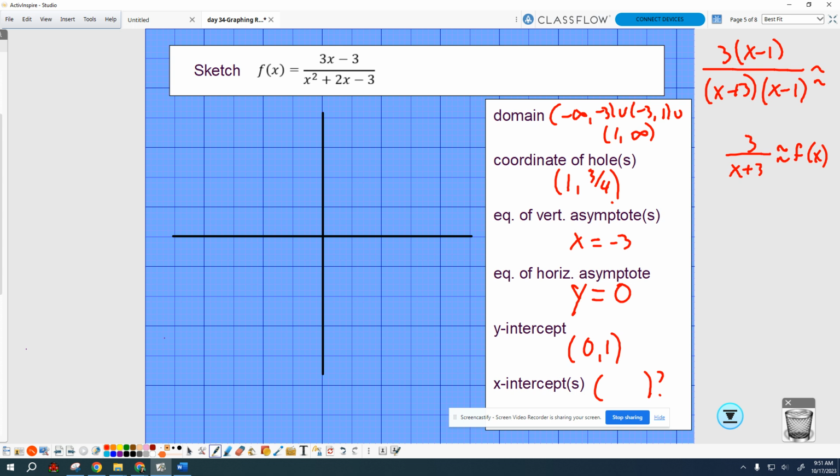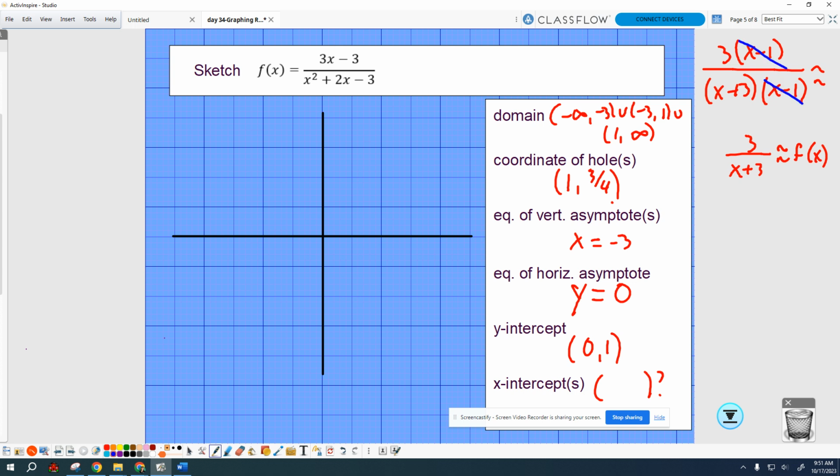Because as you go to infinity, we end up with something divided by a bigger and bigger number. Vanessa, how'd you get 3/4? Okay, all right. So do we agree with how I factored? Yeah. Okay. So in factoring, x cannot be -3 and x cannot be +1, so that's why I took those out of the domain.